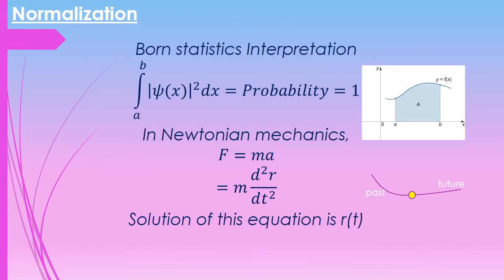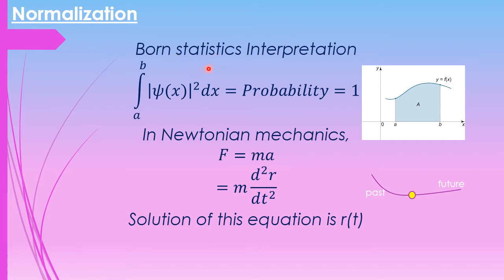The physical interpretation of the particle is given by Born. Born's statistical interpretation gives the basic knowledge of how to get information about the position of the particle from the mathematical solution of the Schrödinger equation.